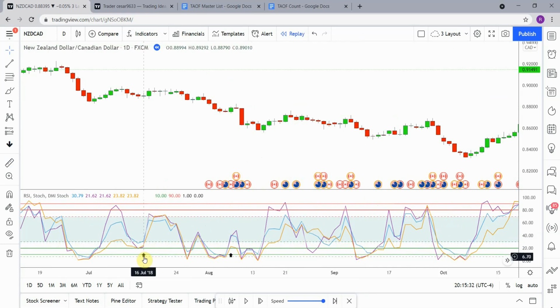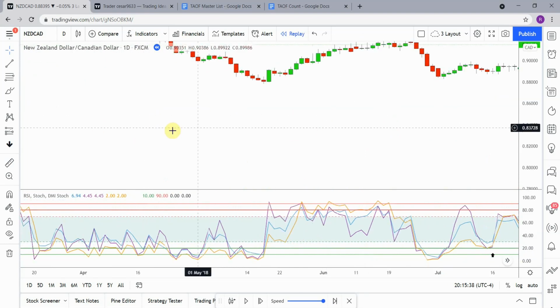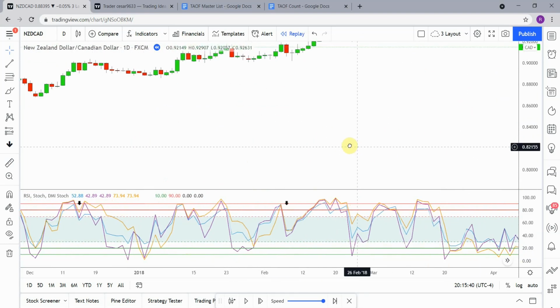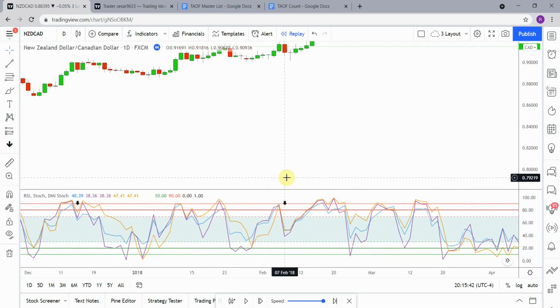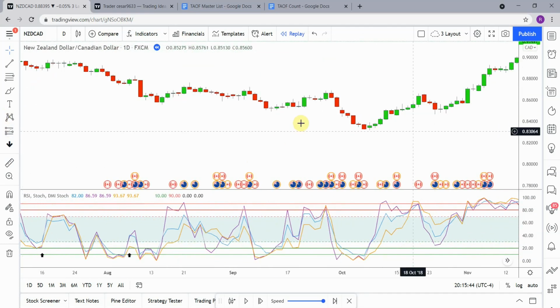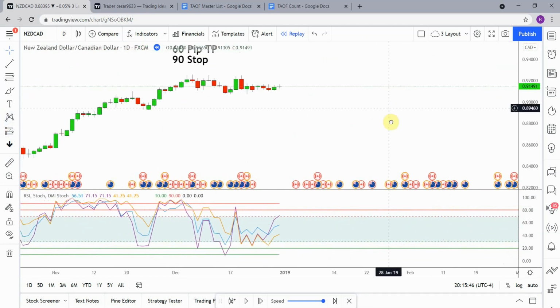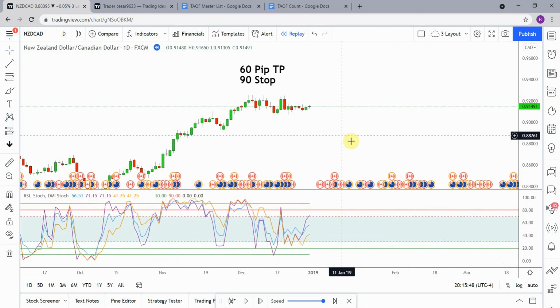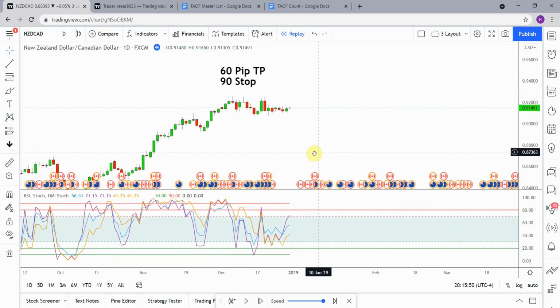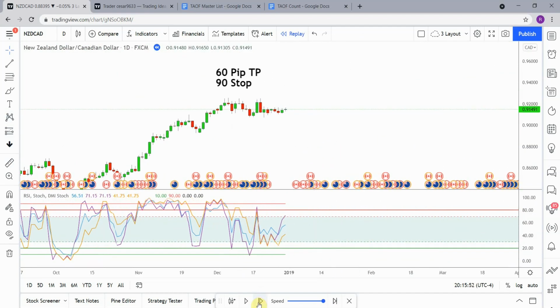When we pick up an arrow at the bottom pointing up, then we are going to go long. When we pick up one above pointing down, then we are going to go short. Not much to it other than that. Let's go ahead and get on with the testing and see what we can get.